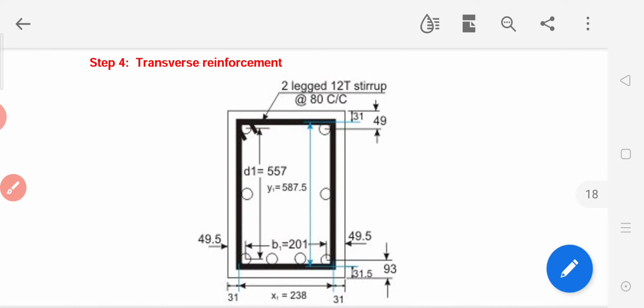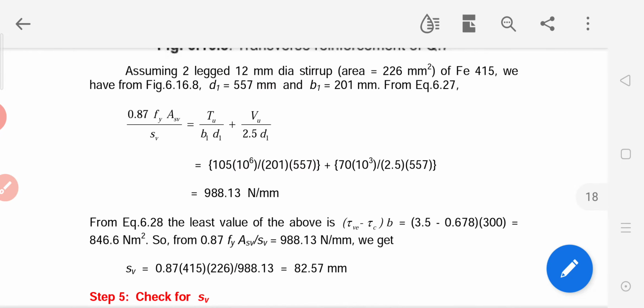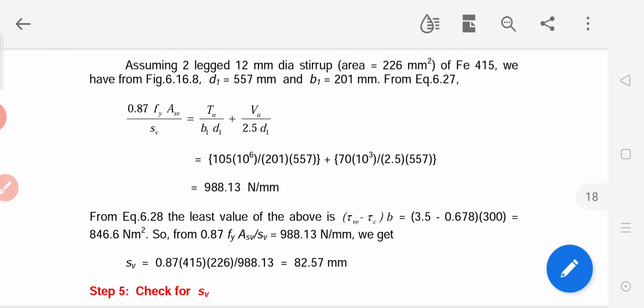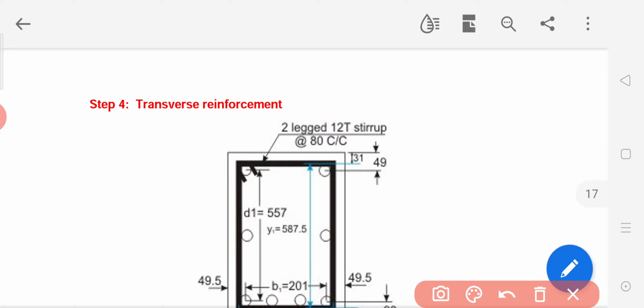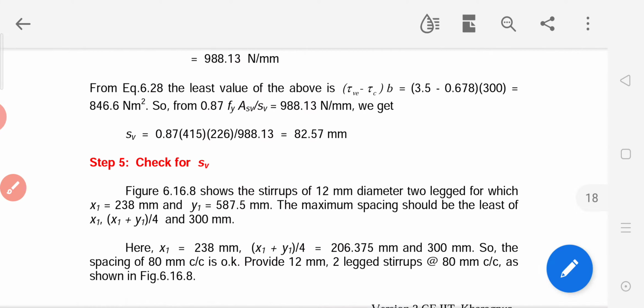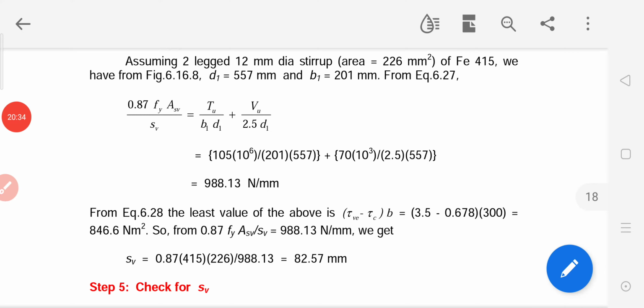Transverse reinforcement. For transverse reinforcement, assuming two-legged 12 mm diameter stirrups, we provide two-legged 12 mm diameter stirrups at a rate center to center, whose area is 226 mm square, of Fe415.